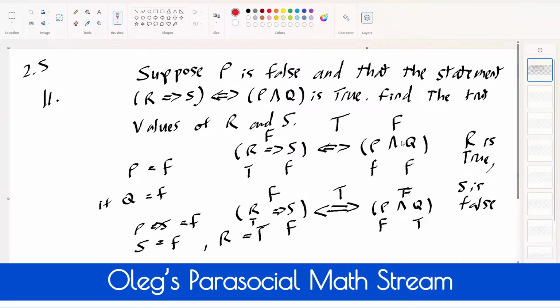We know that the whole statement remains true, and because P and Q is false, this has to be false, because two falses will make a truth on an if and only if statement, or on an implication statement, basically. So therefore, we have to find an implication statement where this gives us a false result to make the whole thing true. I know this is probably still just brain melting stuff.